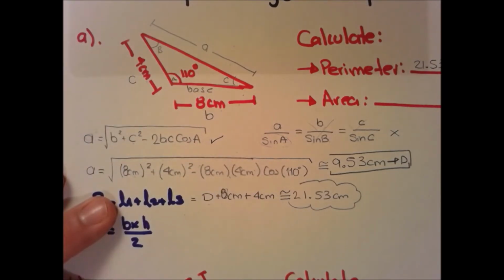Why not? Because the height and the base should be at 90 degrees, and as you can see, it's not 90 degrees, it's 110 degrees.